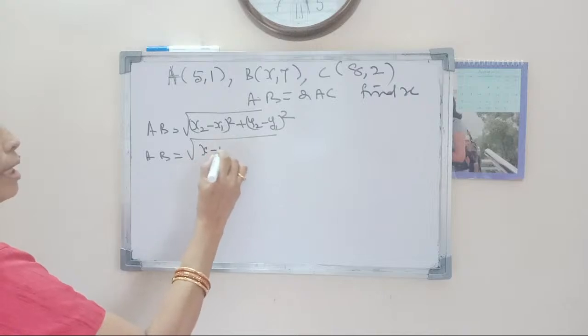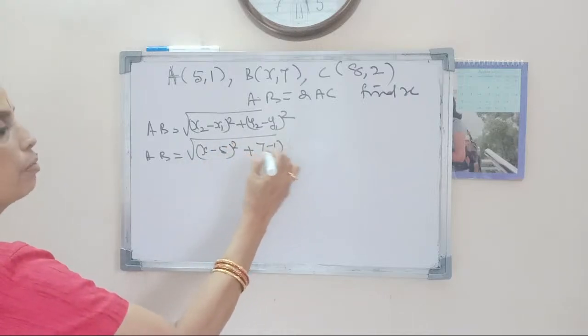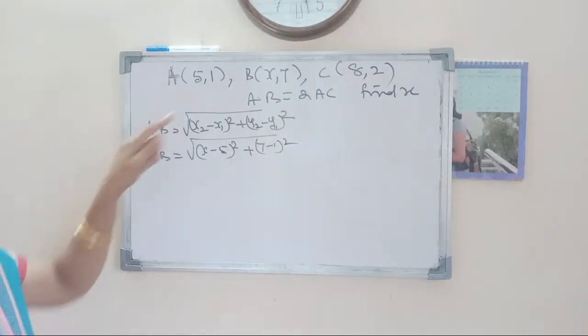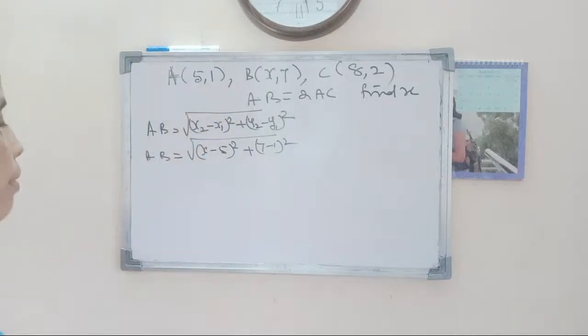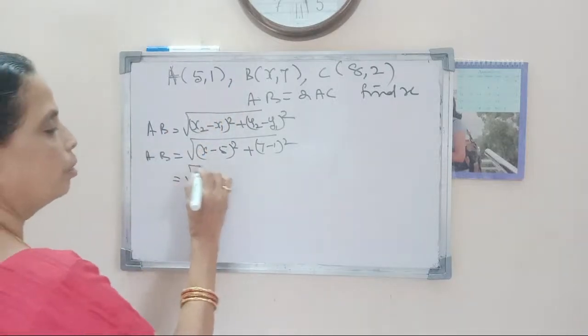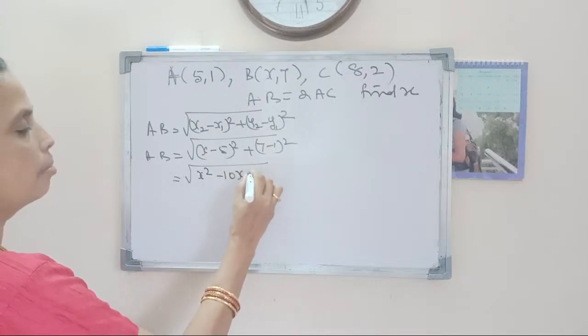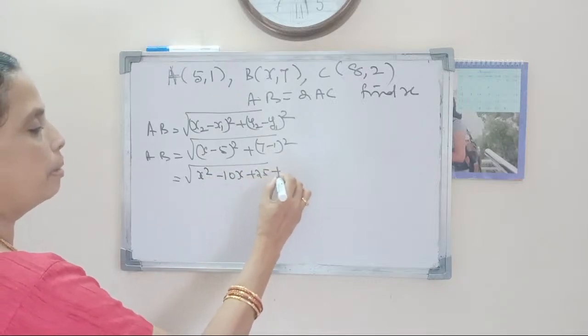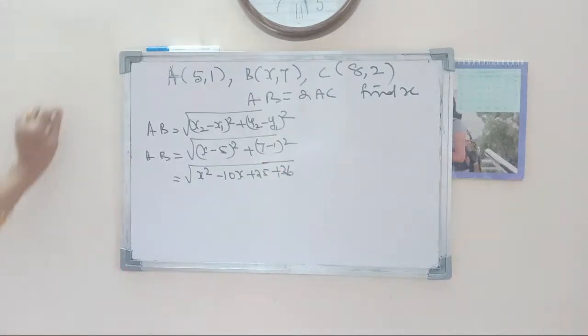So x minus 5 whole square plus 7 minus 1 whole square. What you will get? Root of x square minus 10x plus 25 plus 36.